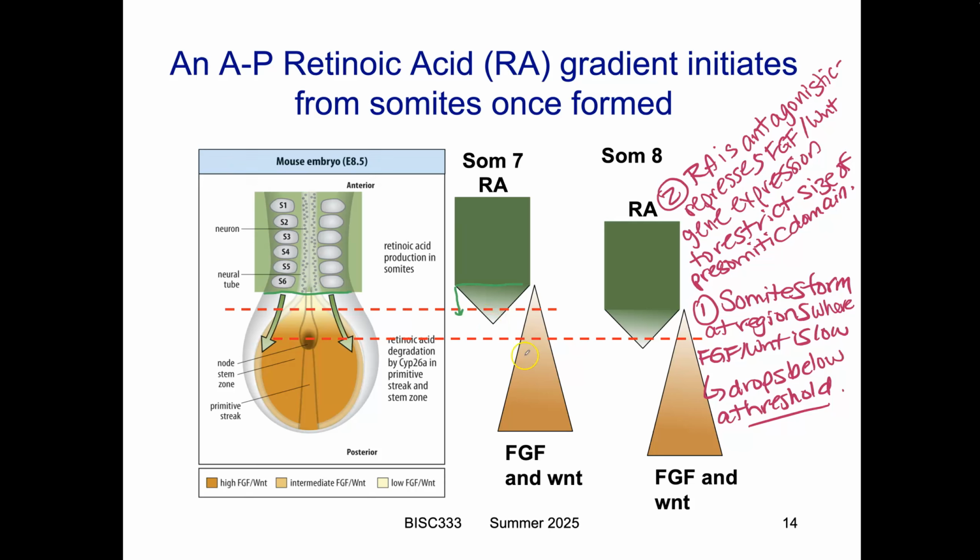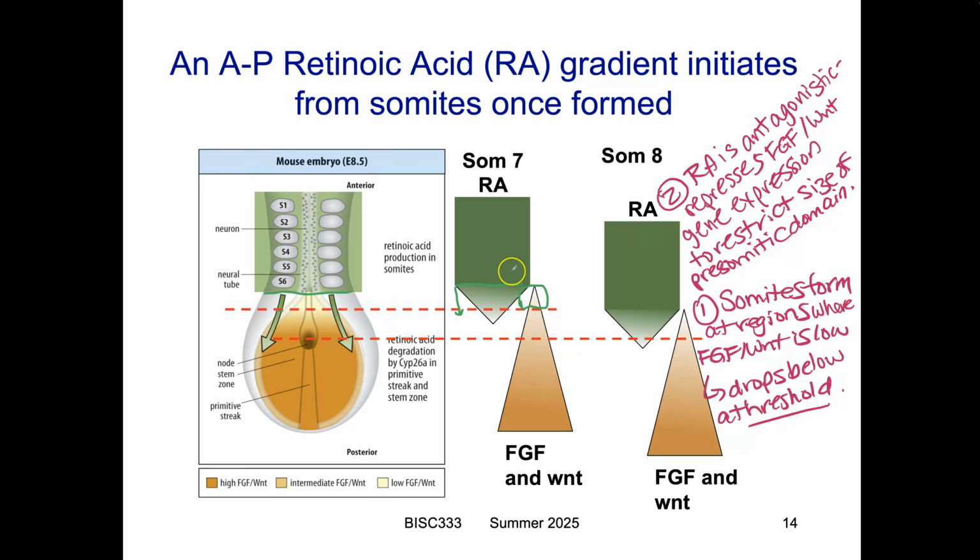And so essentially, the place where the next somite is going to form is defined by having a small amount of retinoic acid and a small amount of FGF. At this region is where the somites are going to form. So there's a specific threshold, right? And beneath that threshold is where you're going to get somite formation.